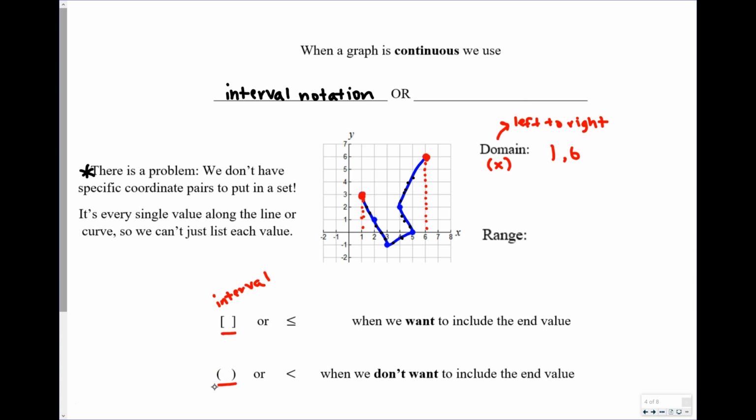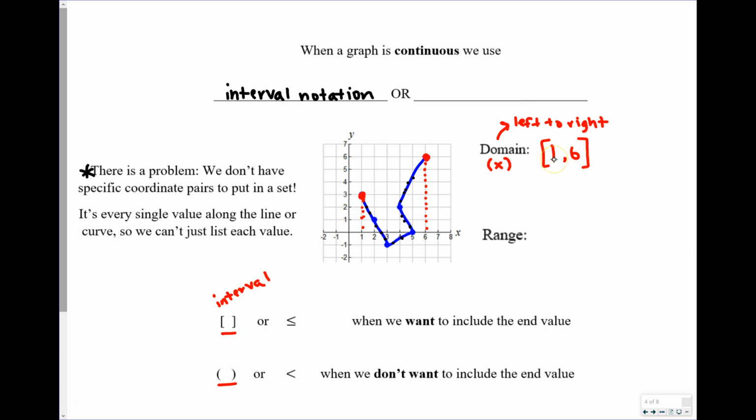So remember the inequalities that you guys did? That's not your bell. That's just the bell while I'm recording. In inequalities, I told you guys to use brackets or parentheses. That's where this comes into play. These 2 points are closed circles. So we need to use brackets on either side of this to show that the 1 is included and the 6 is included.